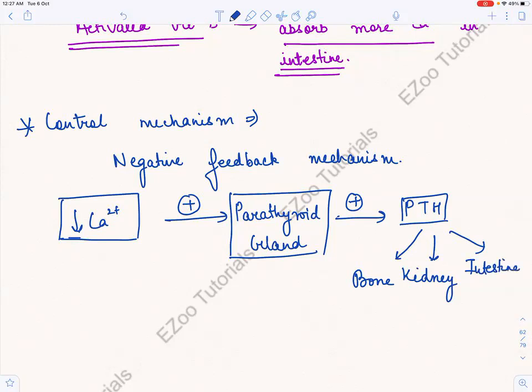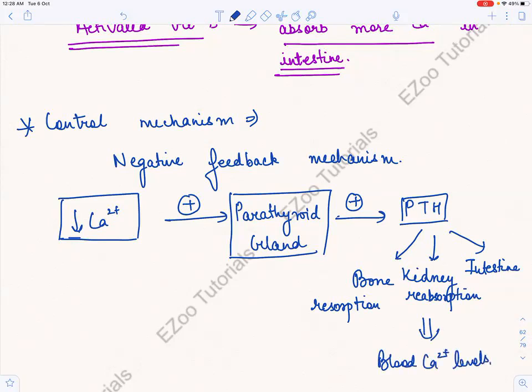It will increase the bone resorption and kidney and intestine reabsorption, and which will finally increase the blood calcium levels.